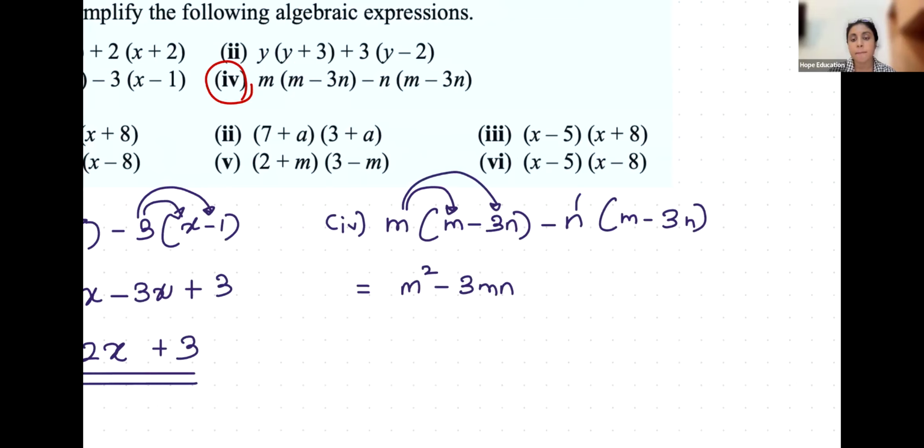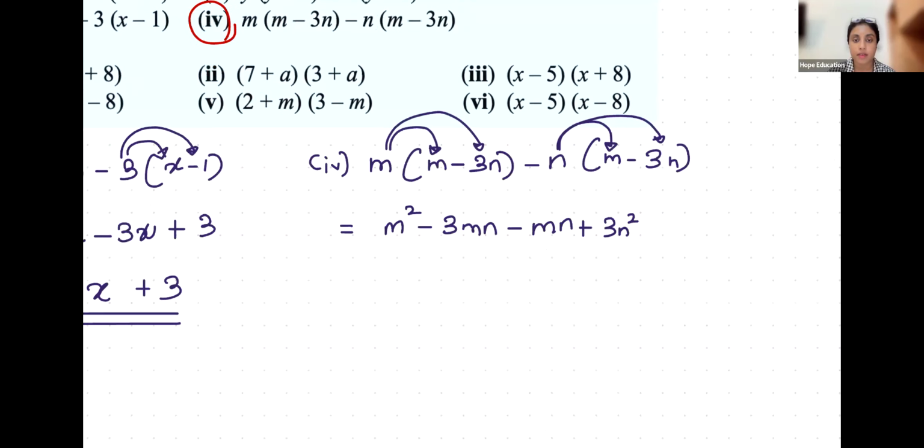n times m is mn. Here minus, here plus, plus times minus is minus. n times 3n is 3n squared. Here minus, minus times minus is plus. Then here m squared remains as it is.